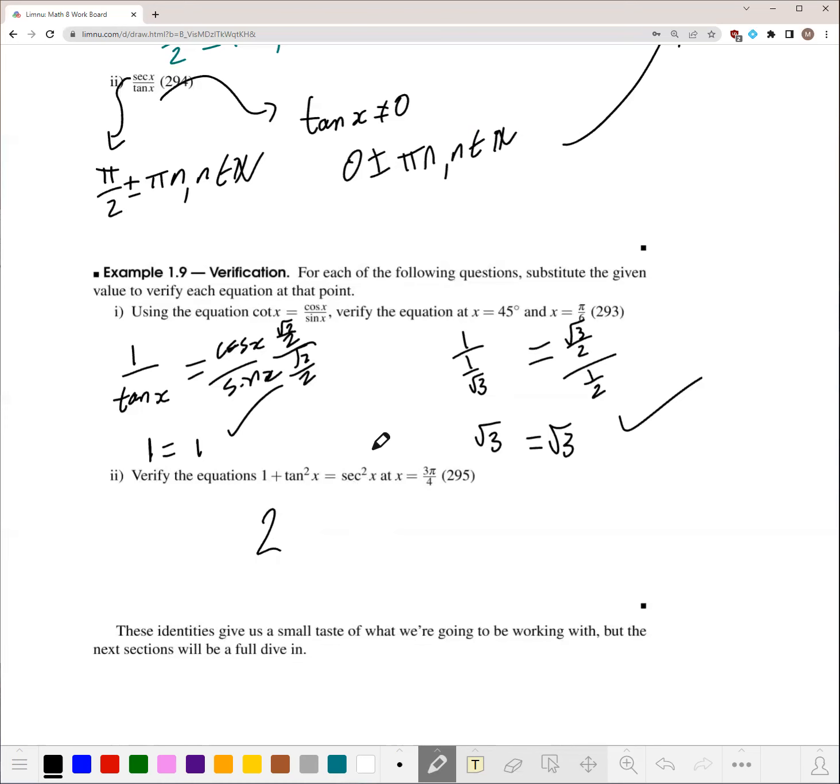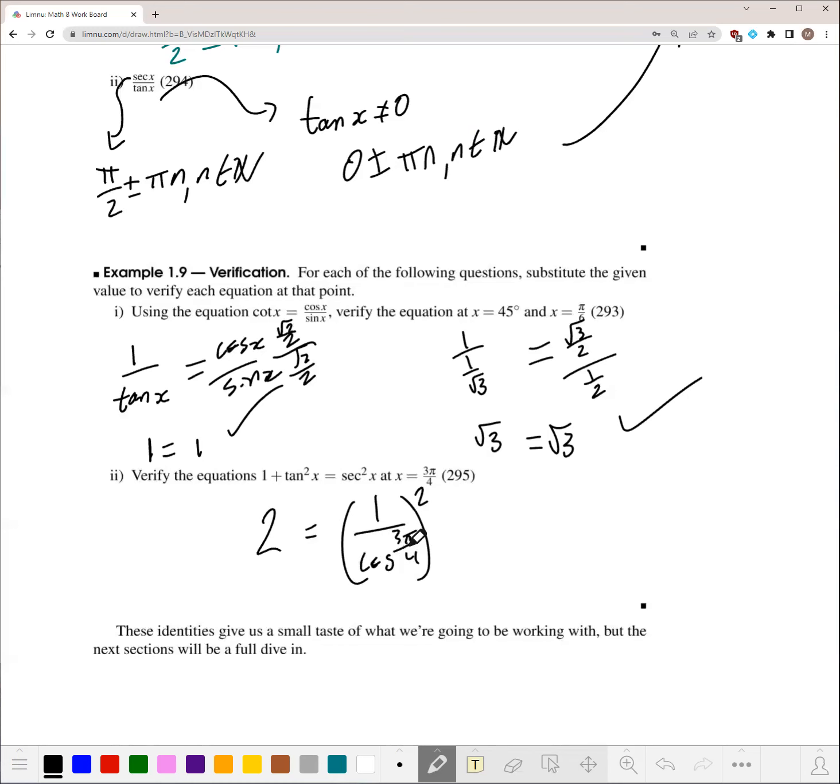On the other hand, we have secant squared x. So that's going to be equal to 1 over cosine of 3 pi over 4, squared. Okay, so let's think about what we're going to get here. 3 pi over 4, our ratio is going to be negative root 2 over 2.